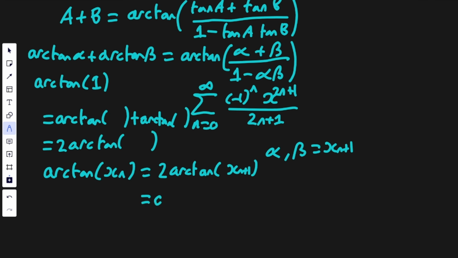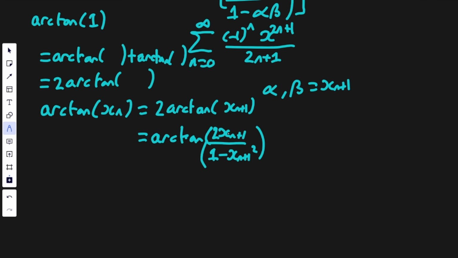So we have the arctan, using this identity up here, of (x_{n+1} + x_{n+1}), so 2x_{n+1}, divided by 1 minus x_{n+1} times x_{n+1}, so x_{n+1} squared, is equal to arctan of x_n.